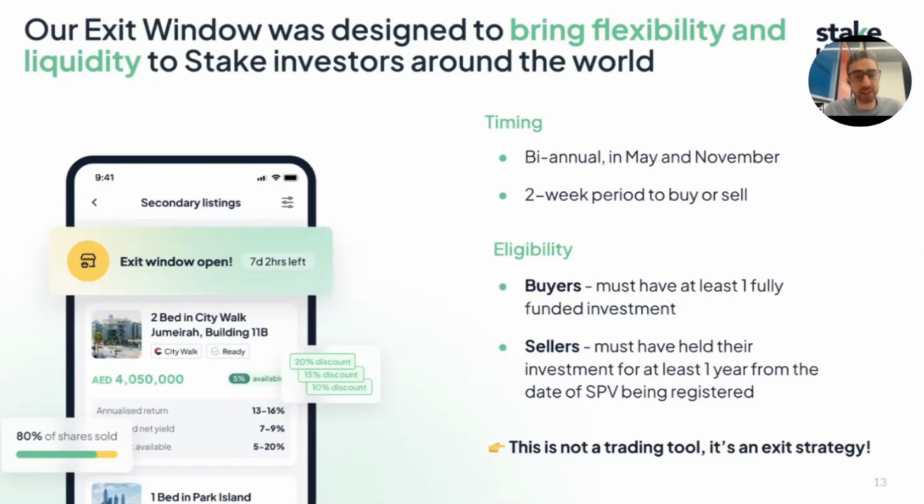So for buyers, as I said, you must have at least one fully funded investment before you're allowed to transact in the exit window. And for sellers, they have to have owned that property for at least a year. Before we move on, I just want to stress that the exit window is an opportunity for you to exit should you so need.